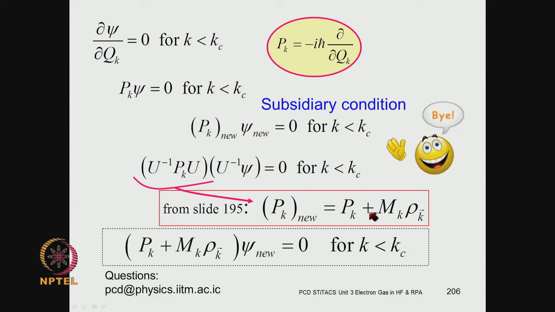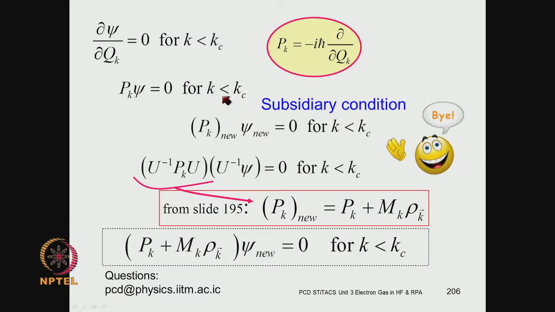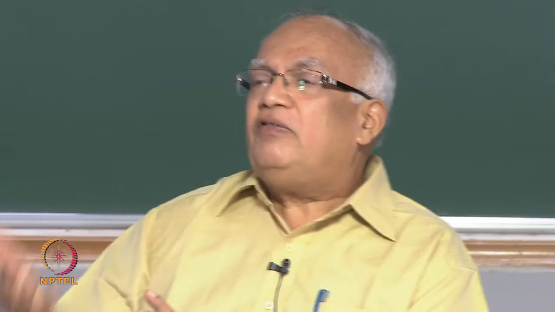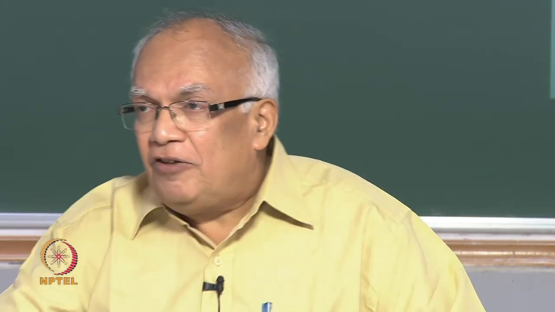So, this is where I will take a break today, and we will continue from this point in the next class. Essentially, this is a very useful result because this will enable us to complete the transformation of the Schrodinger equation or the Hamiltonian that we started out with, which is a canonical transformation of the Hamiltonian to a new set of collective excitations of the electron gas.